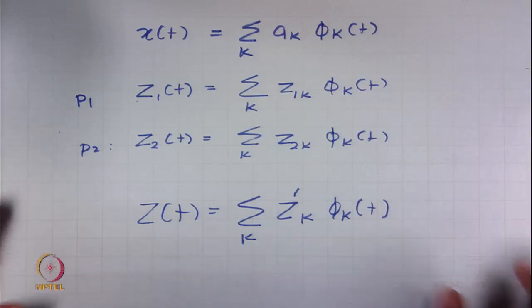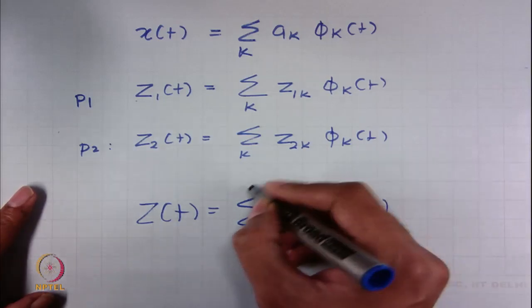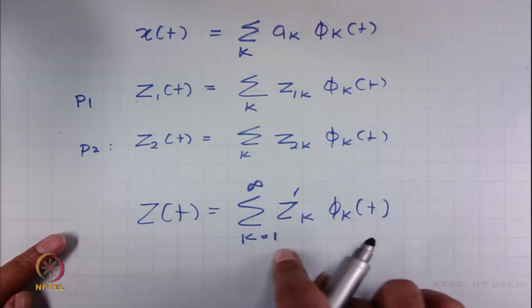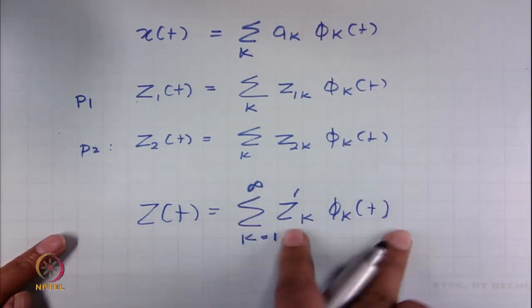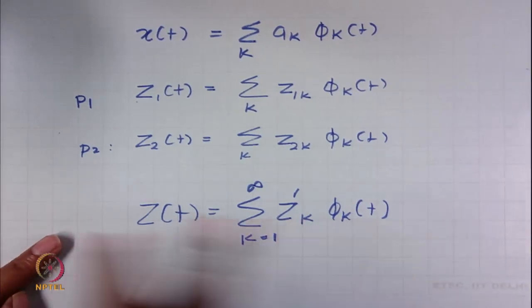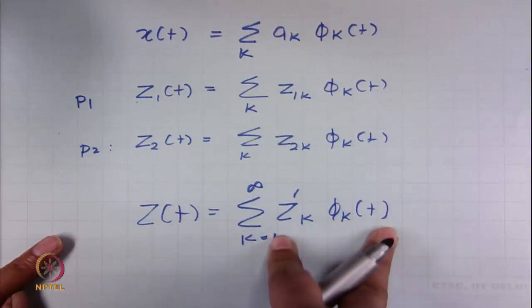Now, one small point here is that k in general varies from 1 to infinity. If k varies from 1 to infinity, this summation might not converge, right. It is not always guaranteed that this summation converges, but for this course, because we are only dealing with simple things, we assume that this summation converges.